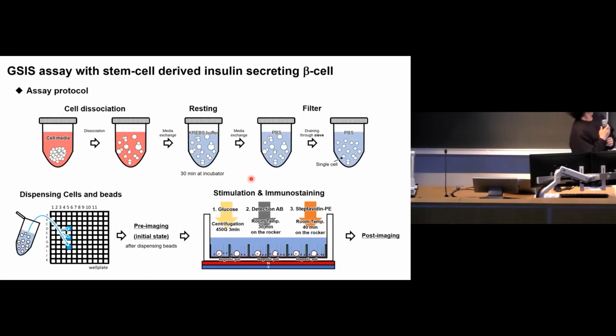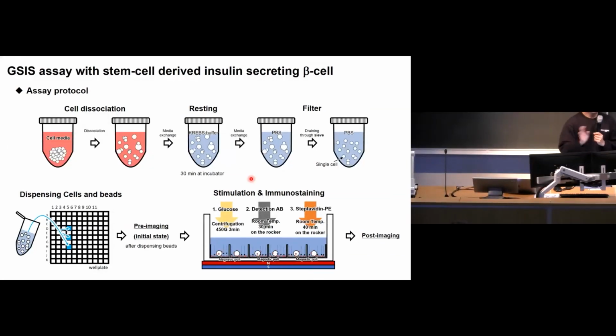Here's the protocol that I did with the stem cell-derived insulin secreting cell. Cells are dissociated and then resting in the colorless buffer for 30 minutes, and then exchange the media to PBS, and then filtering them through the sieve so that we can have single cells.